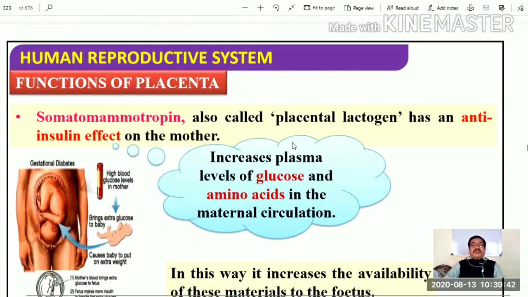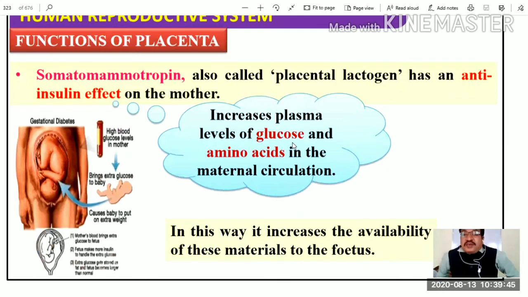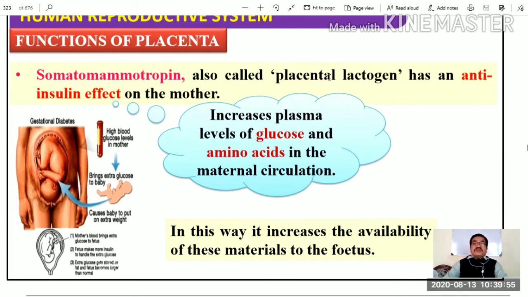Functions of placenta. So what other functions are performed by the placenta? The somatomammotropins, also called placental lactogens. Placental lactogens have an anti-insulin effect on the mother. So what is the effect? It increases the plasma level of glucose and also amino acids in the maternal circulation.